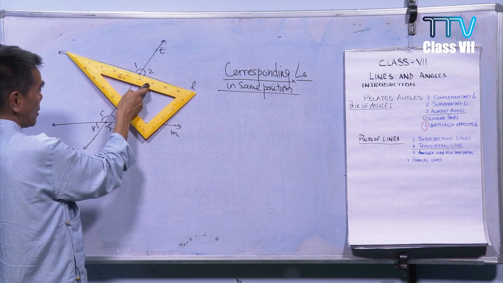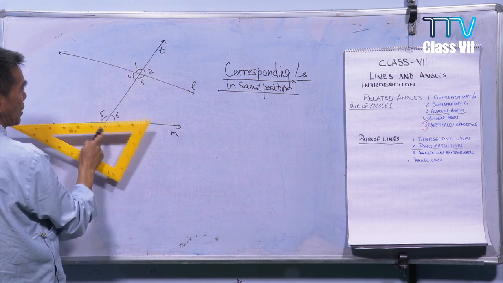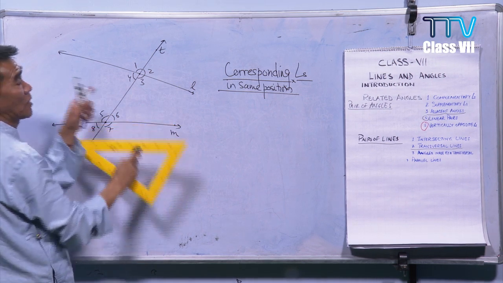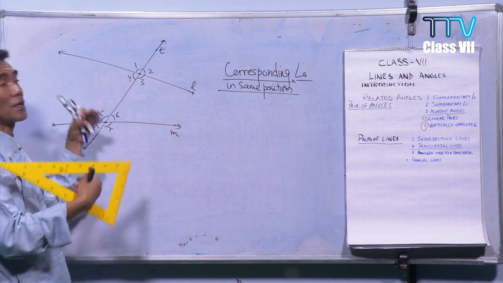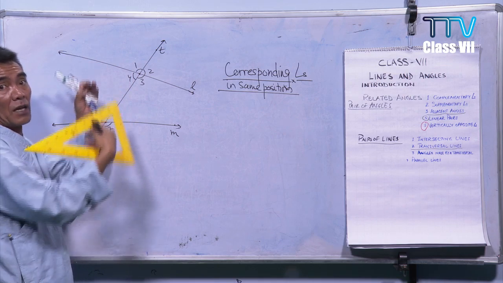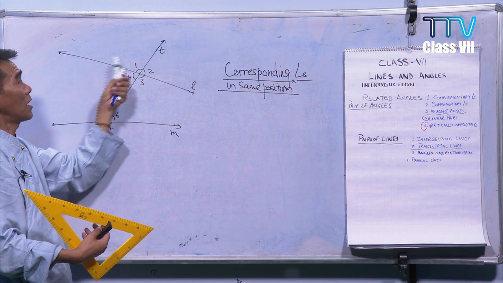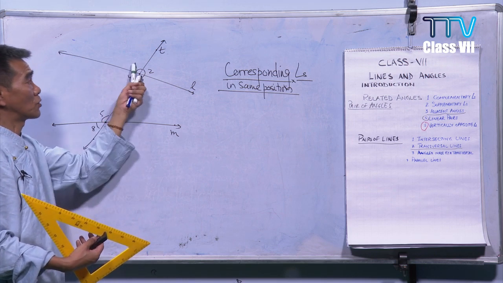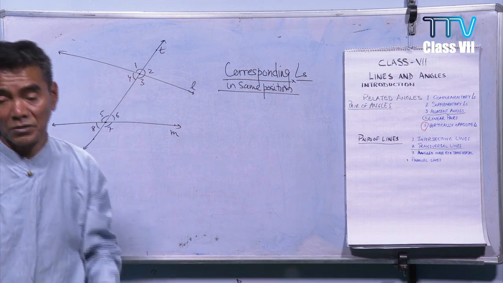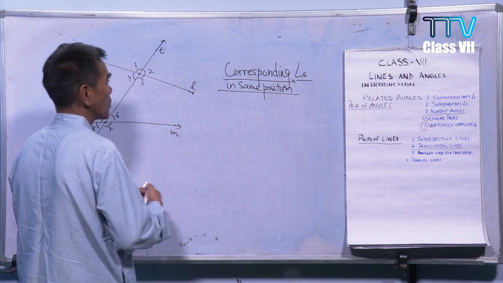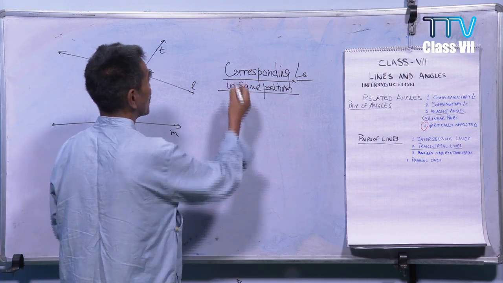Angle 1 is at line L on the transversal, and angle 5 is at line M on the same side of the transversal. So angle 1 and angle 5 are a pair of corresponding angles.